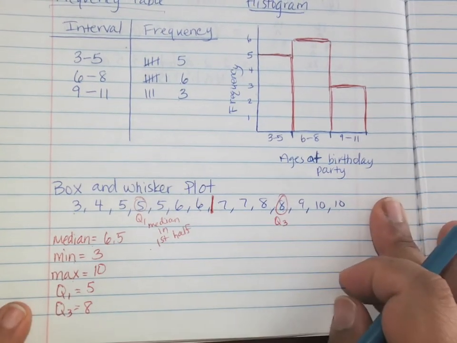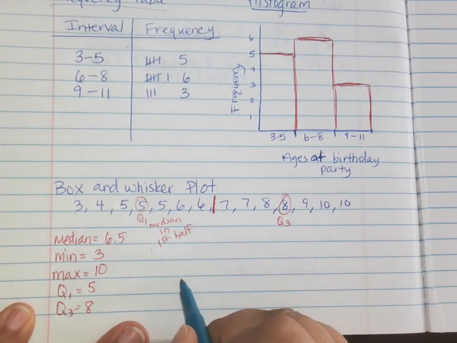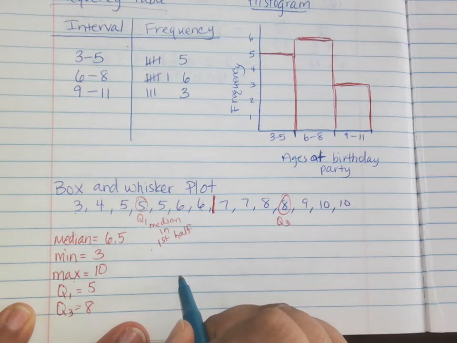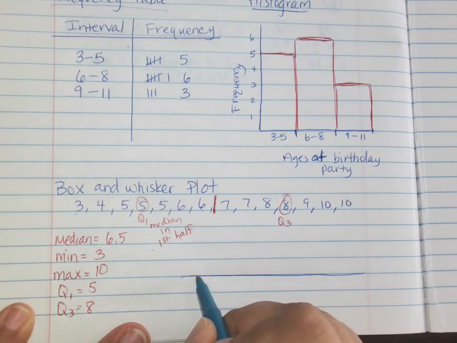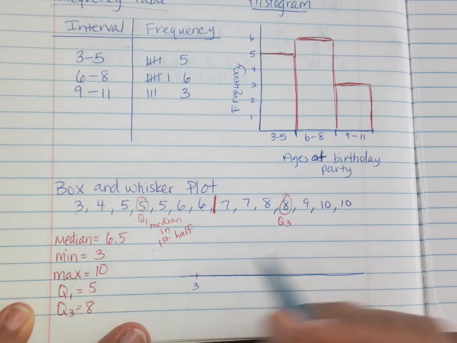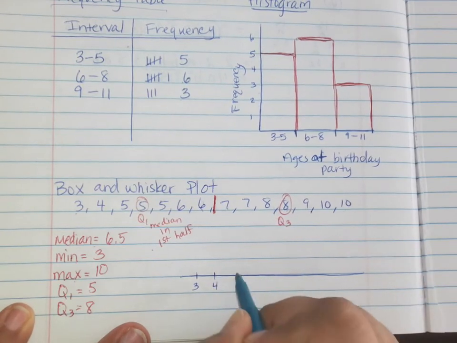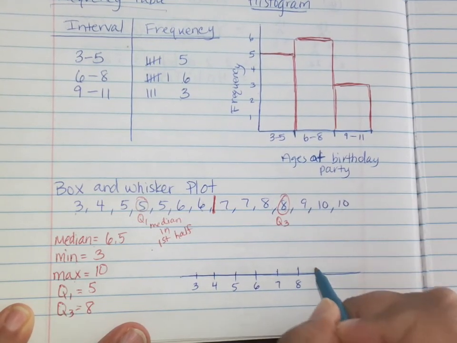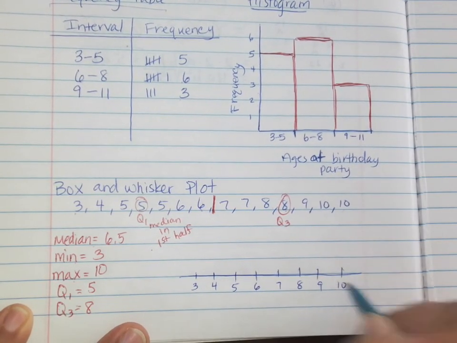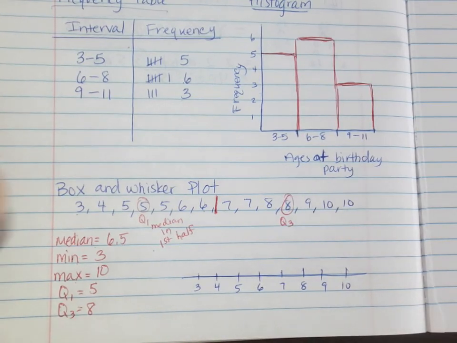And the way you draw it is you have a number line, kind of like our dot plot. So let's see, we can put 3. Actually, let's go all the way to 10. Okay, so I'm going to put dots on these numbers.